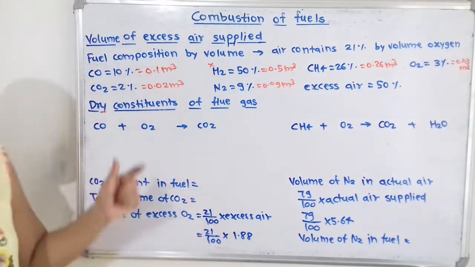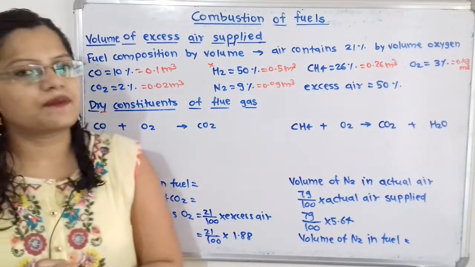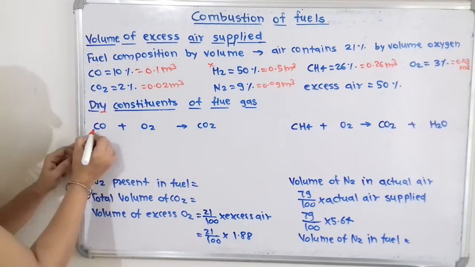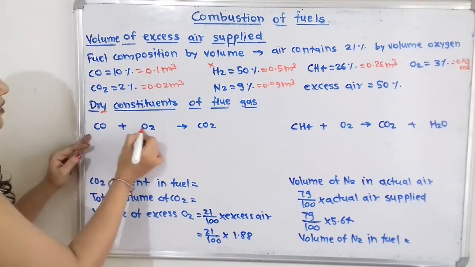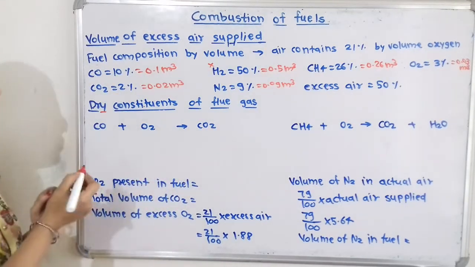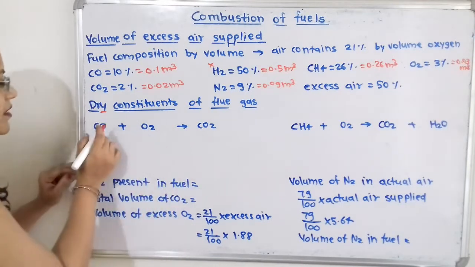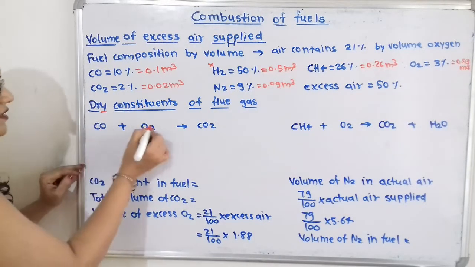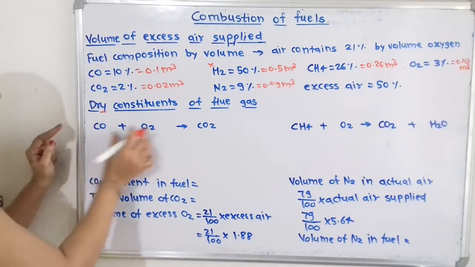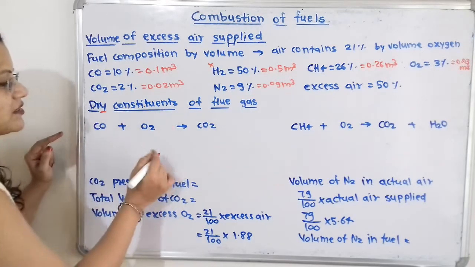Now we will move to the fuel analysis by volume. So CO, that is carbon monoxide, plus O2 will give us CO2. Now we will balance here. If we observe, there are 3 atoms of oxygen on the left hand side and here there are 2.